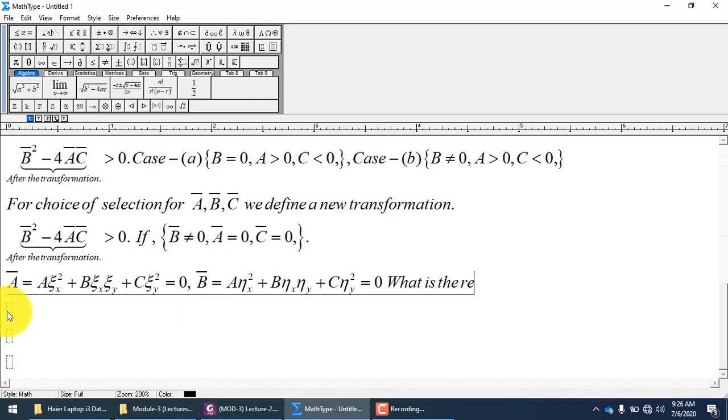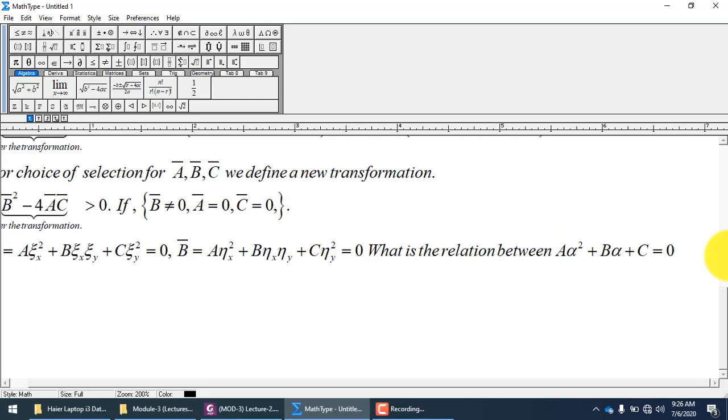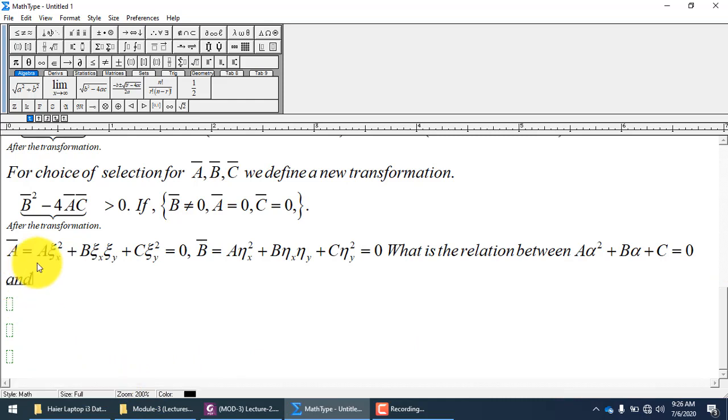What is the relation between this and A bar and B bar, sorry, not C bar. So there is a relation which we are going to form. How can you form that?